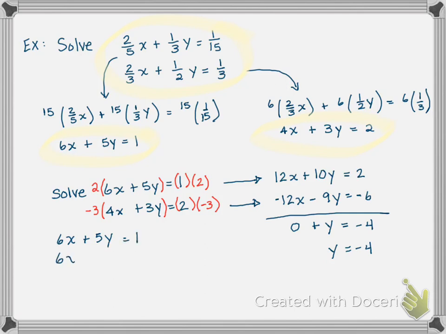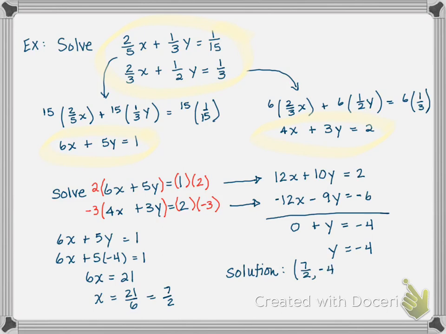So we have 6x plus 5 times negative 4 equals 1, which gives me 6x equals 21. So x equals 21/6, also known as 7/2. And my solution is 7/2, negative 4.